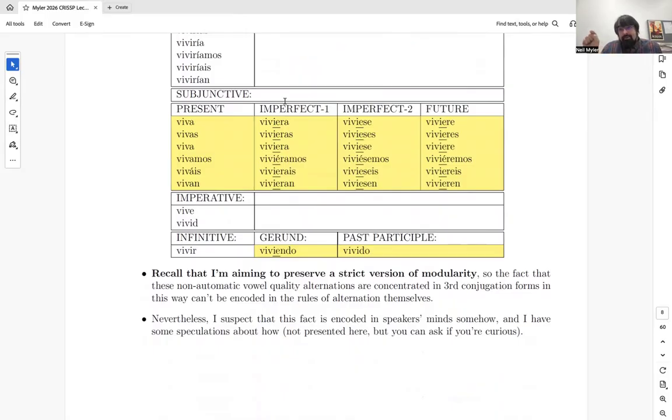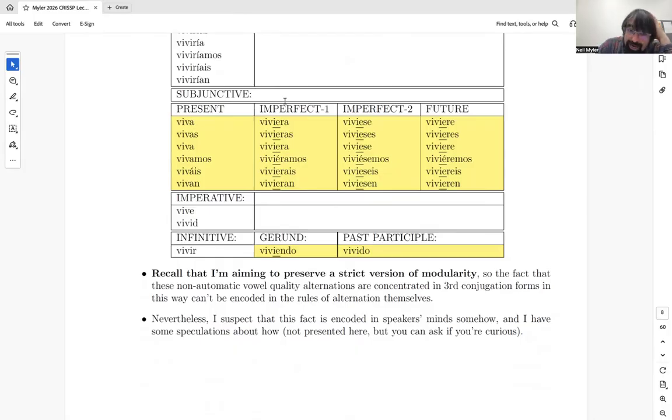And the crucial diphthongal theme vowel that you see is found in the second and third conjugation theme vowels, but just in those cases where there's neutralization, morphosyntactic neutralization of the features of those conjugation classes in favor of the third conjugation. So plausibly, the generalization is that all of these non-automatic alternations are concentrated in third conjugation environments.